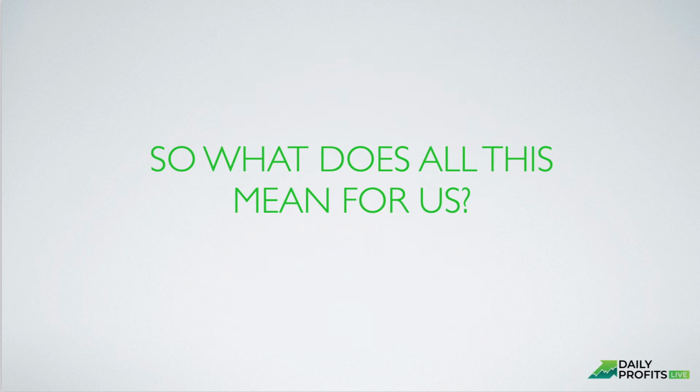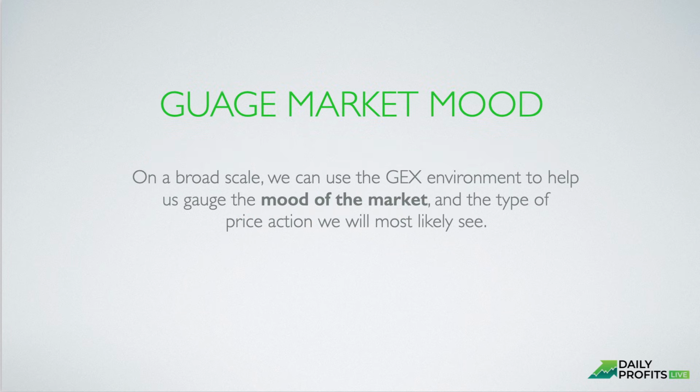All right, so what does this mean for all of us? All of us regular folk, right? We're not market makers. We're not trying to keep our portfolio delta neutral, and we're not trying to use gamma to make sure our portfolio is delta neutral, right? But what does that mean for us?